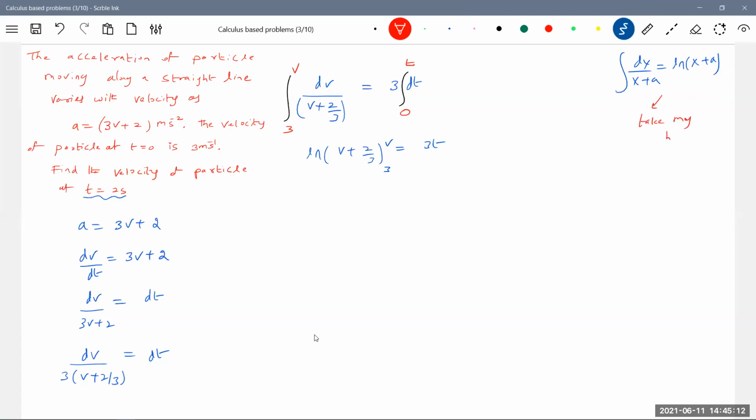Don't get scared. Everything we already had, we made a nice platform for ourselves before coming to this particular topic. Integration, differentiation, we worked out. Those things we are applying here now. Now, let me substitute the upper limit: log of v plus 2 by 3 minus log of 3 plus 2 by 3 equal to 3t.